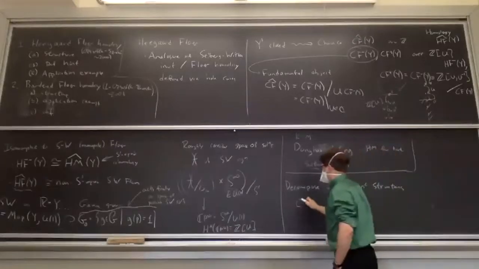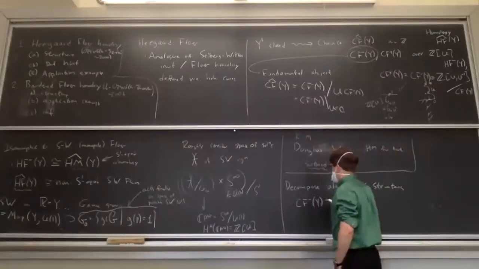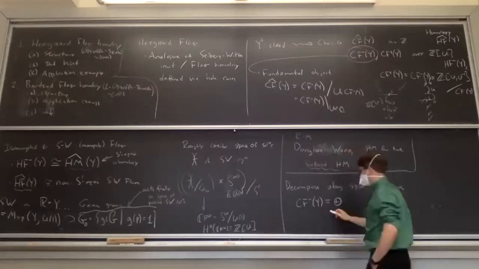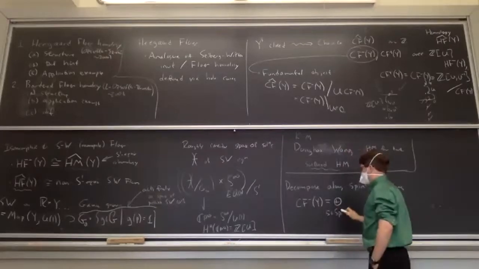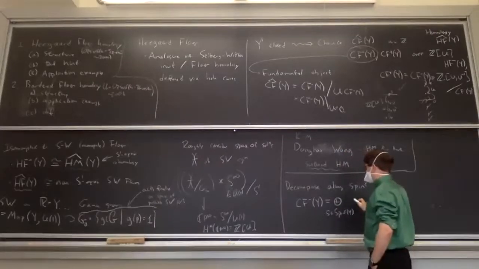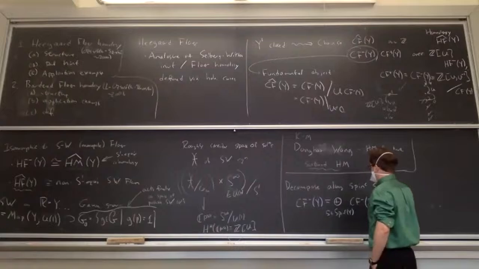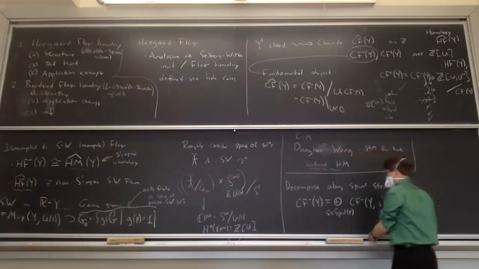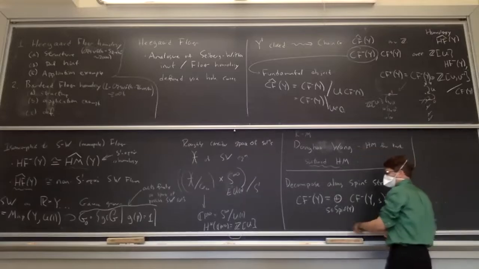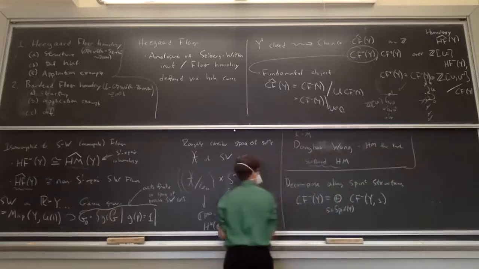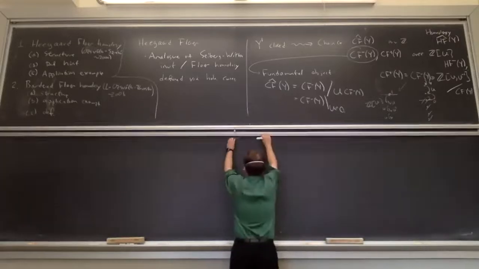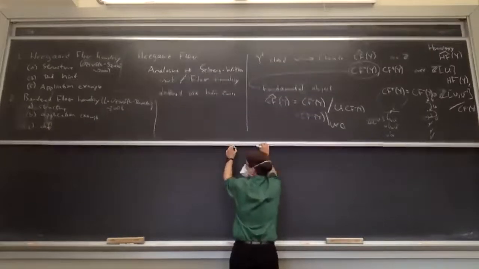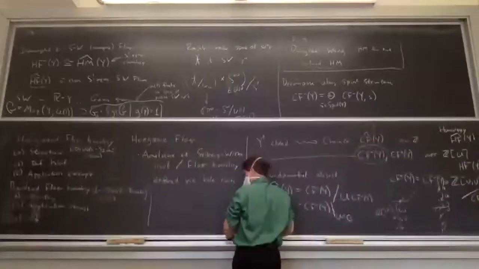So like CF minus, say, is a direct sum over spin C structures s on Y of CF minus of Y, s, which is useful. It turns out to be important technically in some places and useful if you want to do things with it, but I'm just going to suppress that. Bit too much physics there. Okay.